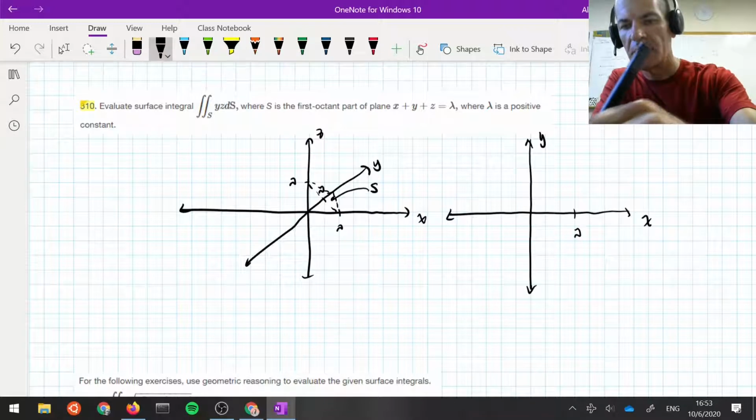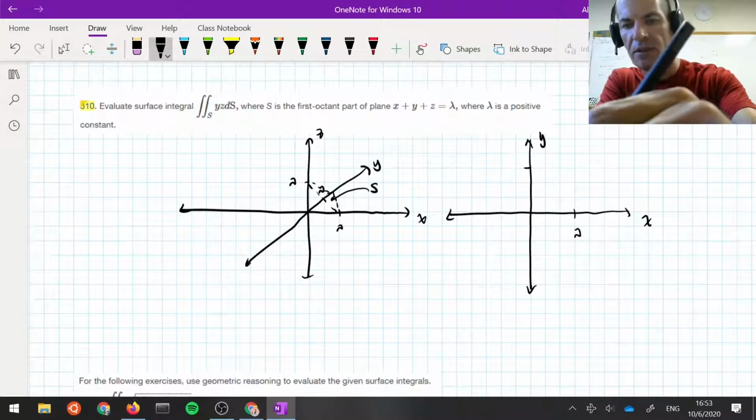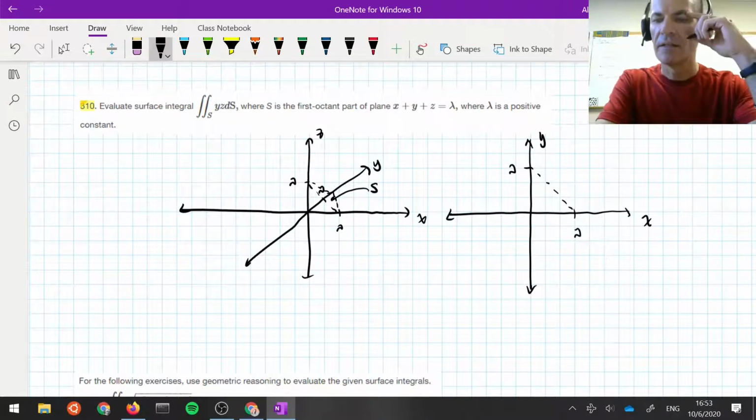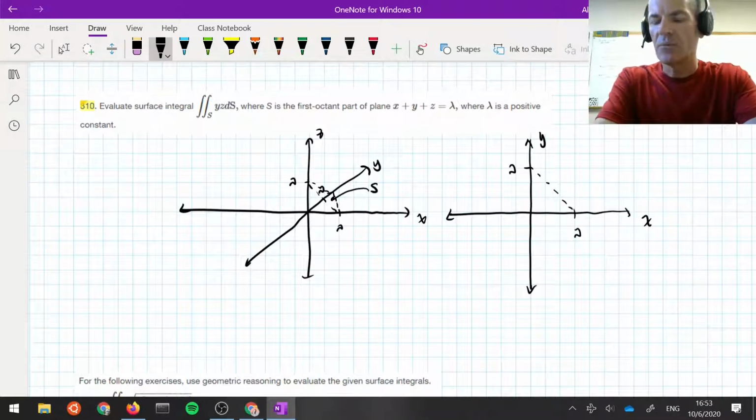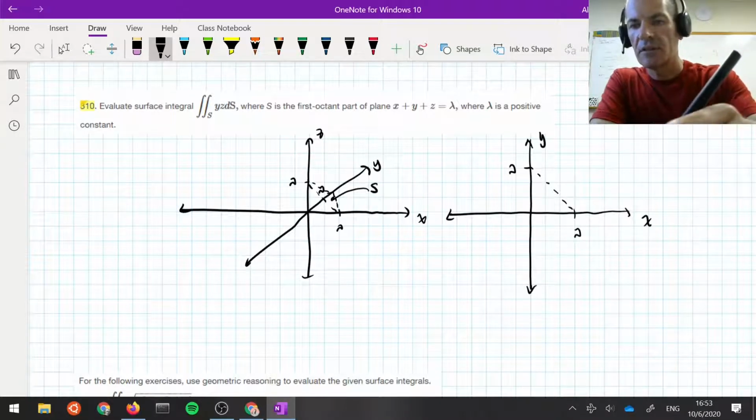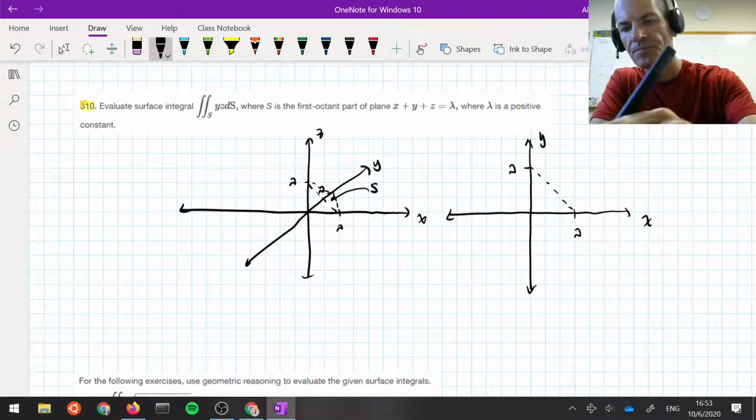This is lambda, and up here is also lambda, and we're looking at this little chunk here. We're just going to let x and y range over this space. So x is going, let's do vertical slices, so x is going to go from 0 to lambda.